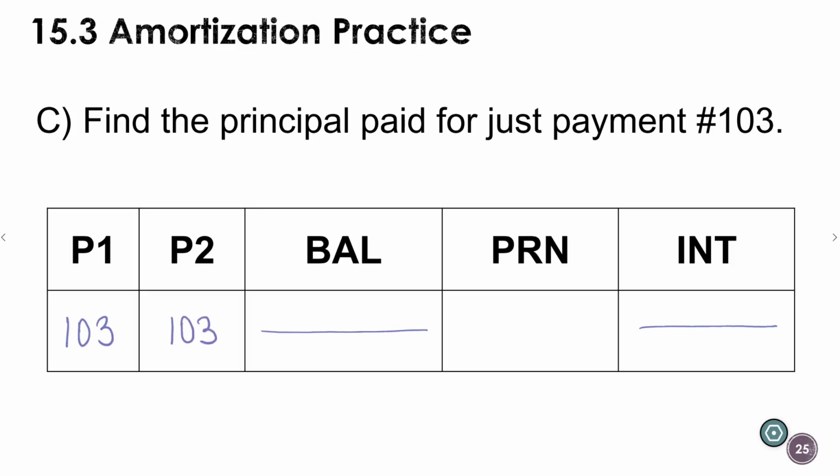So beginning and ending payment are the same. And then we're going to scroll to our principal, and we find that it is $246.23. Right? That is our amount of principal.